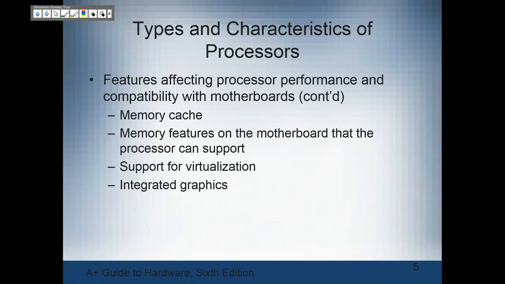Support for virtualization, nice word. The only thing virtualization means is that we can have multiple instances of an operating system running on the same piece of hardware, and it shares the hardware with all those different ones.